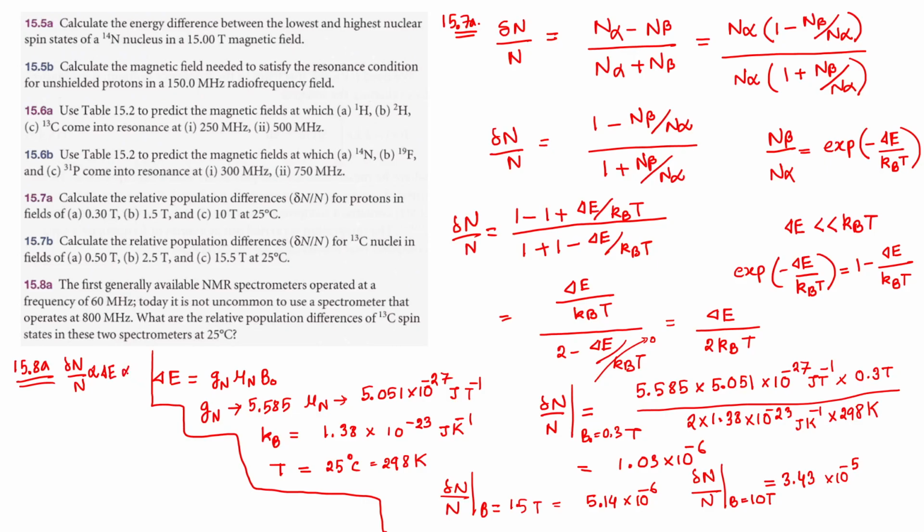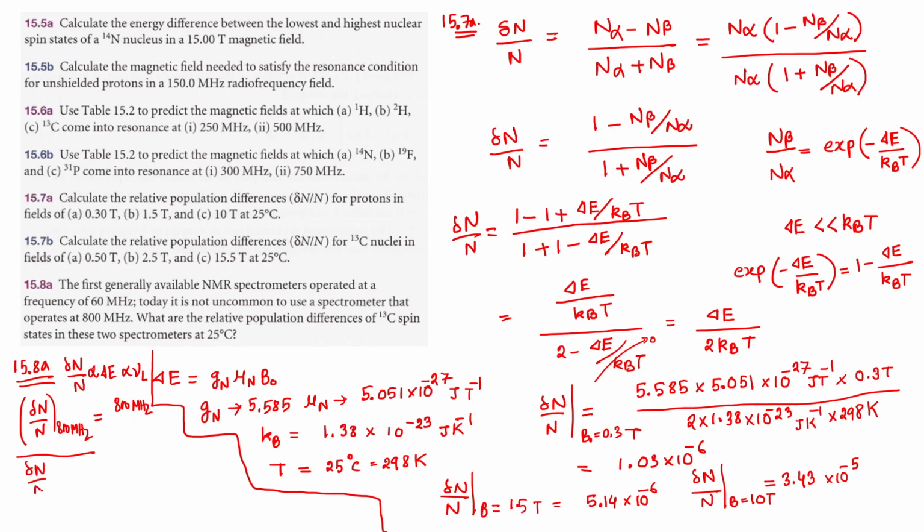Or delta E is dependent on the Larmor frequency. So we get an early idea that the delta n by n for 800 megahertz would be, here it would be 800 megahertz, right?